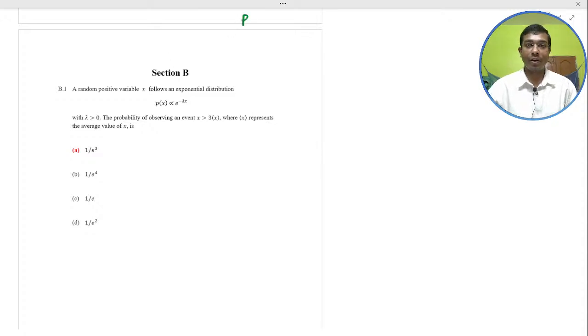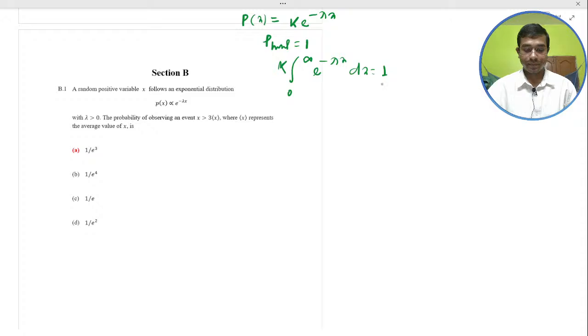So here p equal to k, a constant, times e to the power minus lambda x. Total probability is 1, that means k times integral 0 to infinity of e to the power minus lambda x dx is 1, that means k by lambda is 1, or k equal to lambda.